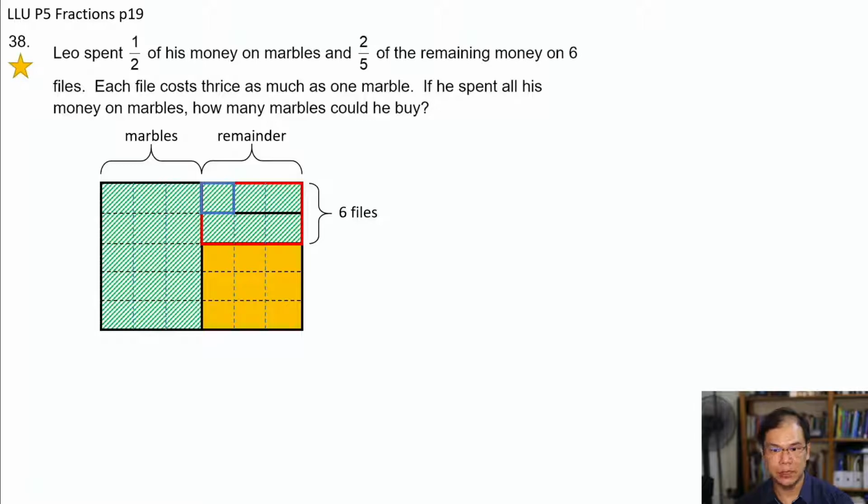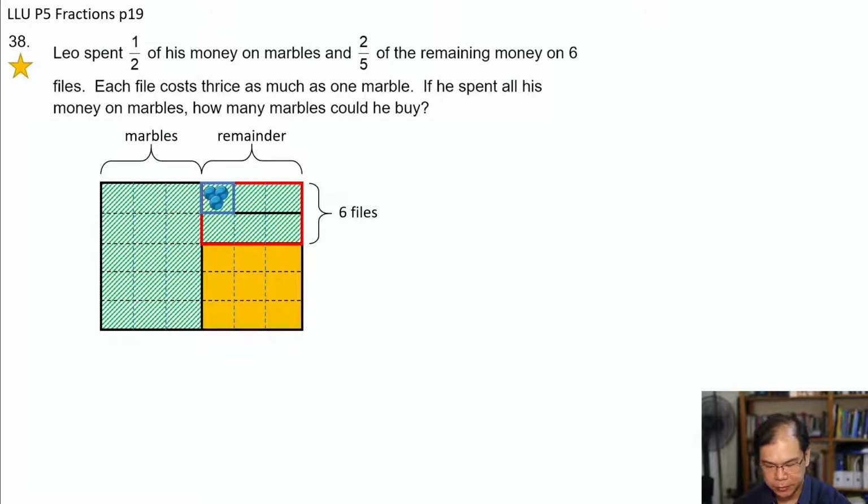Means for the price of 1 fowl, I can buy 3 marbles. So if I exchange 1 fowl for marbles, I can exchange 1 fowl for 3 marbles.